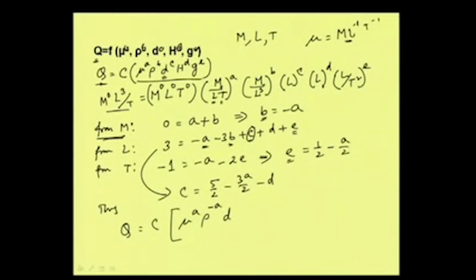Then diameter to the power c, in place of c we will be writing 5 by 2 minus 3 by 2 a minus d. Then H to the power d, d we are not disturbing, let d be. Then we have g to the power e, so e we can replace as half minus a by 2. We have put all the 5 variables here: mu, rho, D, H, g, fine.